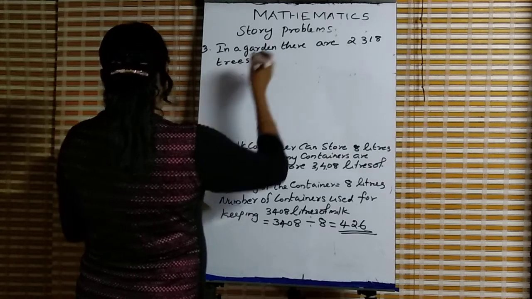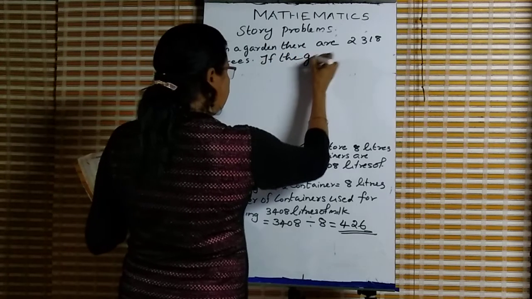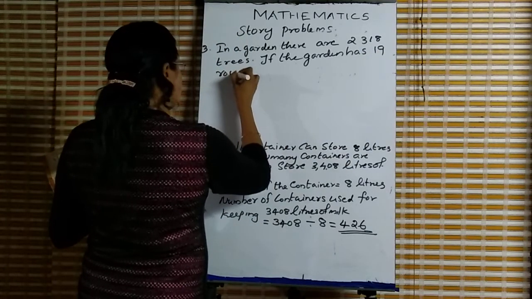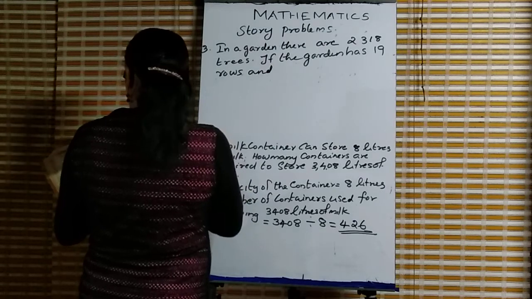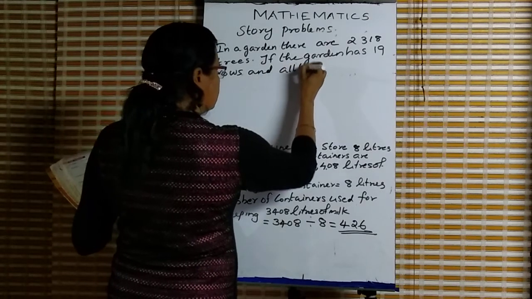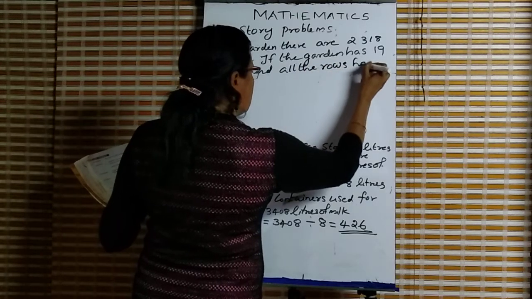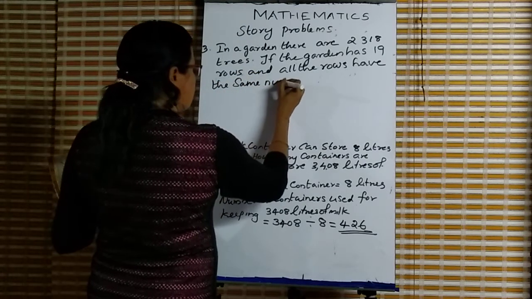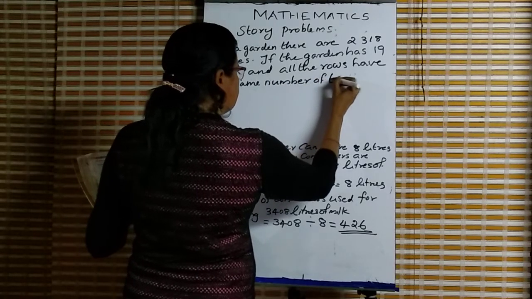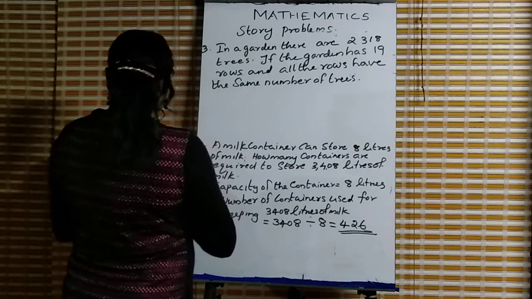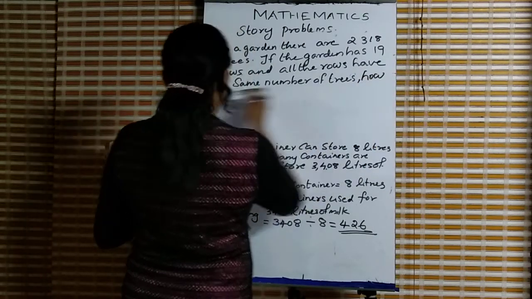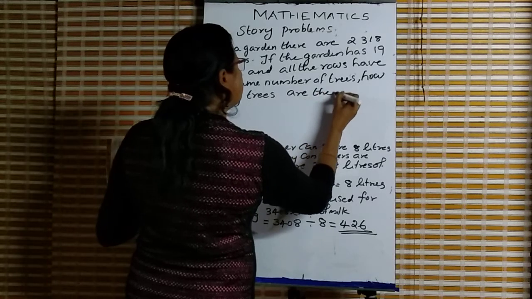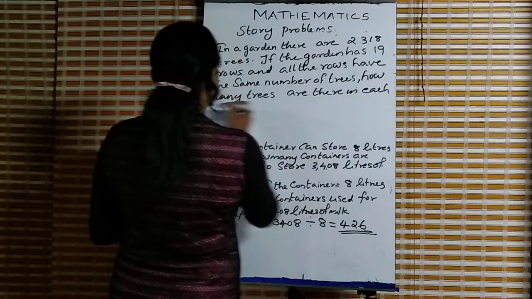If the garden has 19 rows and all the rows have the same number of trees, how many trees are there in each row?